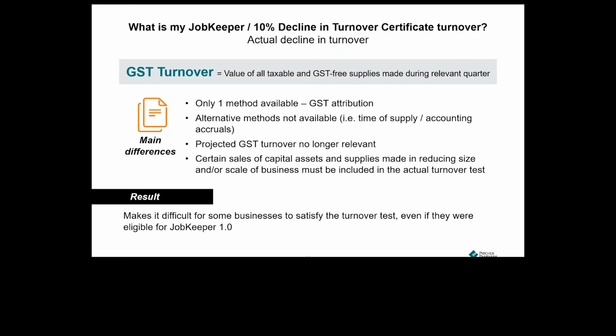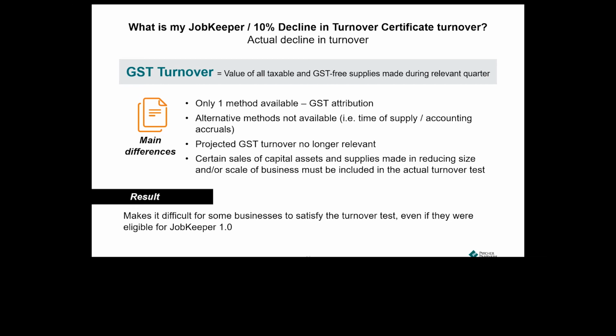So the new rules that have been set out in the legislative instrument that I referred to at the beginning of this presentation are based on what's referred to as an actual decline in turnover test. And for these purposes, GST turnover includes, as it did for JobKeeper 1.0, the value of all taxable and GST-free supplies that have been made by the relevant employer entity during the relevant quarter.